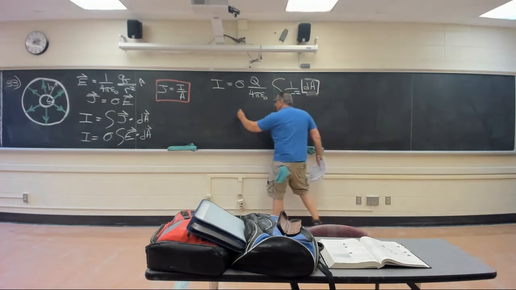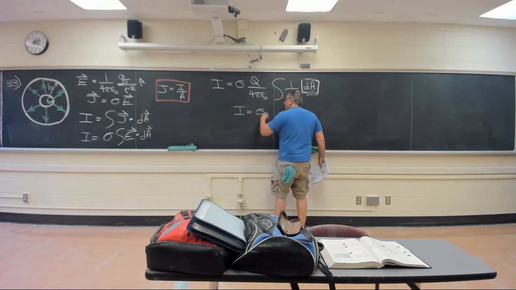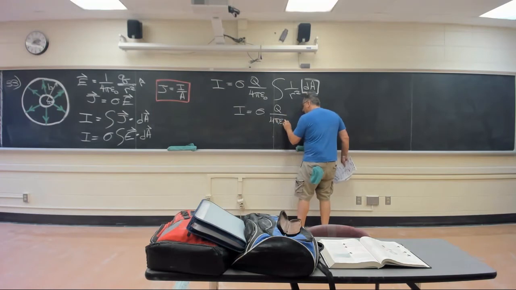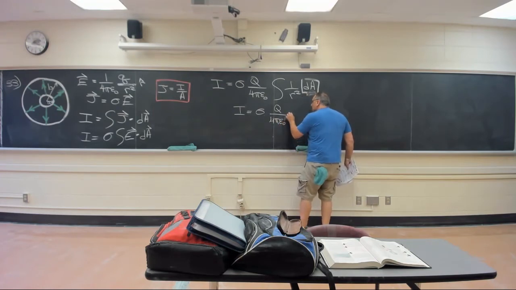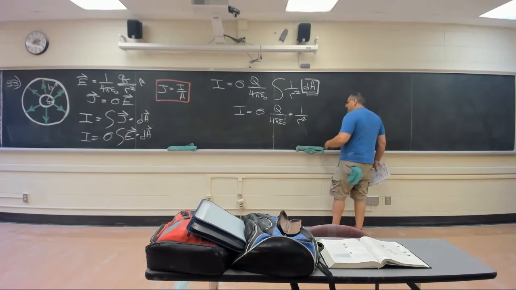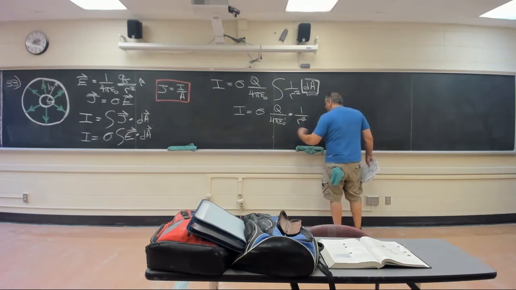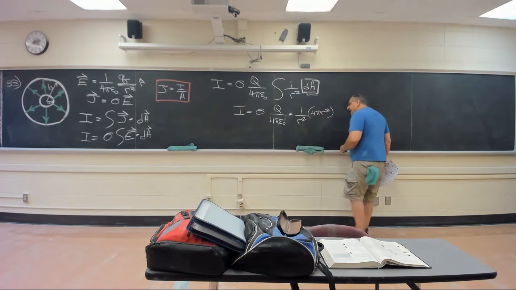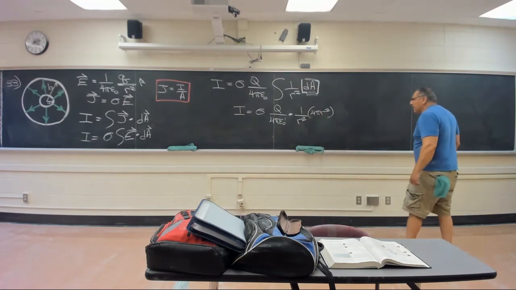So at the end of the day, you get this: 4 pi epsilon naught, and you basically have 1 over r squared dA plus 1 over r squared times another dA plus 1 over r squared times another dA. Well, you take the 1 over r squareds out and add all the dAs, and you get 4 pi r squared. It's a little on the messy side, but you get somewhere here, which isn't too bad.